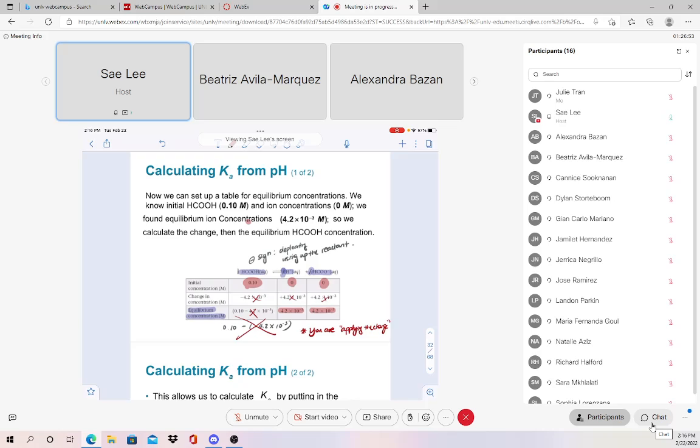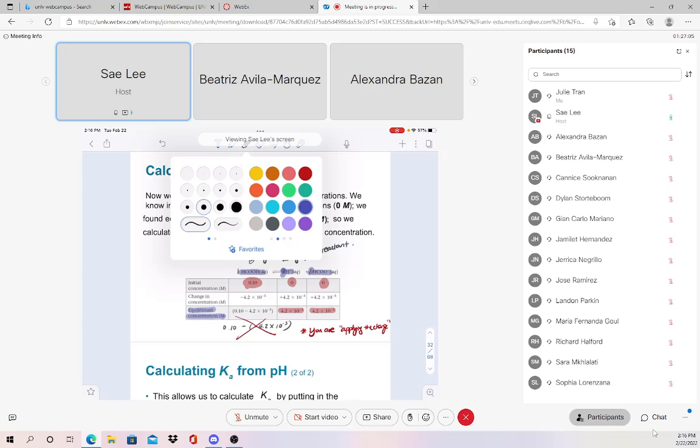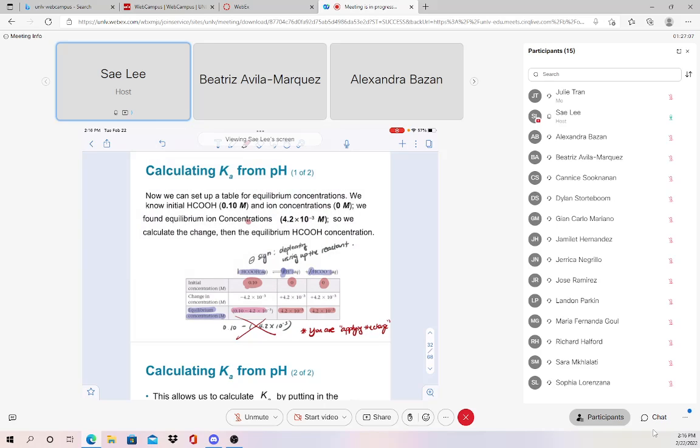So we construct this table in order to find out this value, this value. This table is very necessary for you to find out the equilibrium concentration of the reactant. Okay?